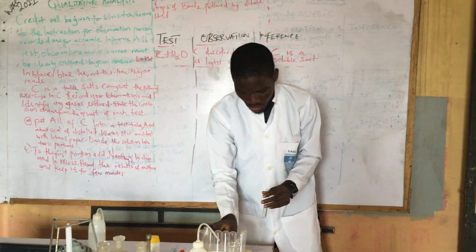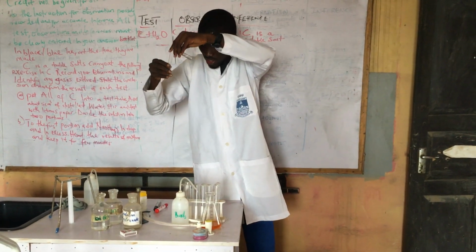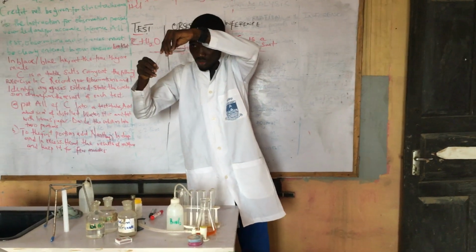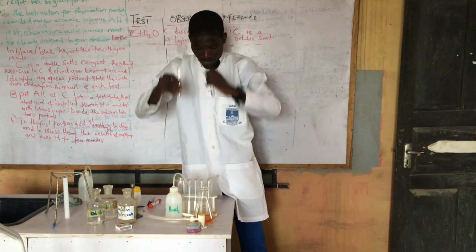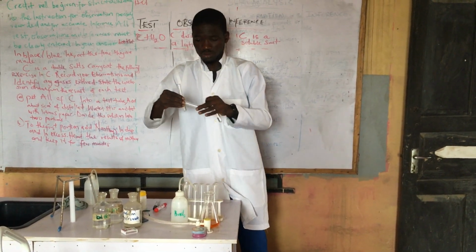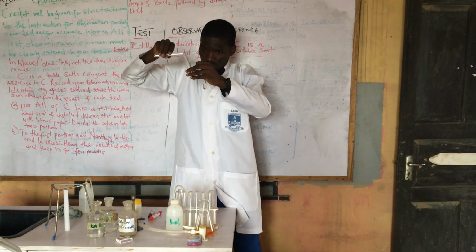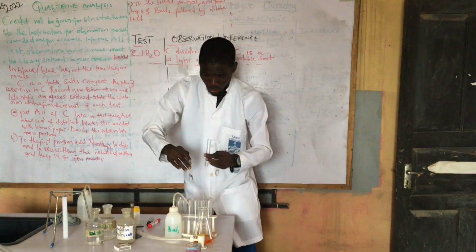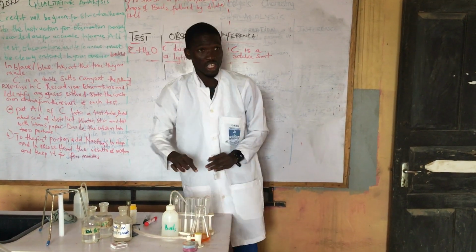I pick up another test tube, but I can try to put it in 3 test tubes because I would love to take more observations. You can see we have 3 portions: the first one, the second one, the third one. Then you turn it back to your test tube rack.